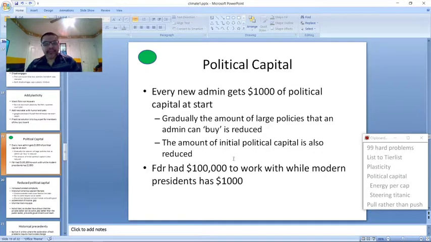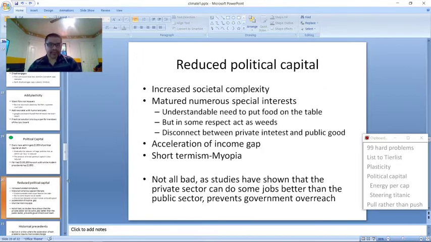FDR hypothetically had 100,000, while a modern president has 1,000.